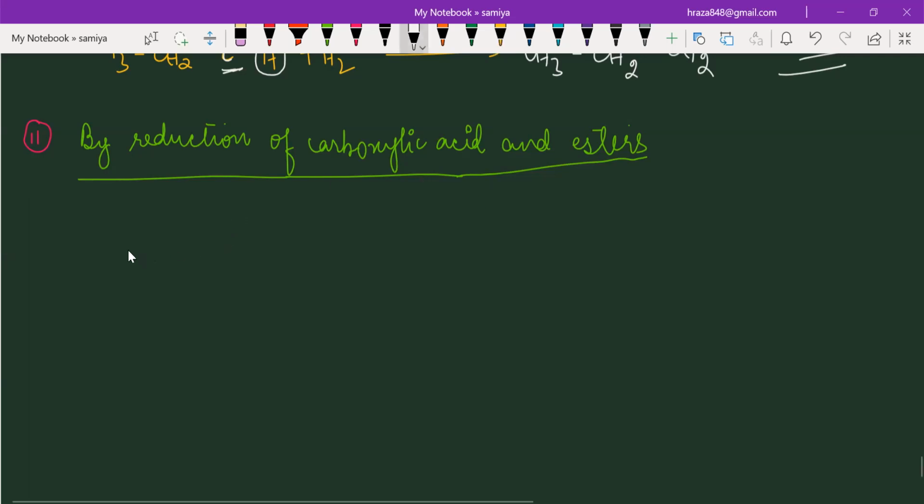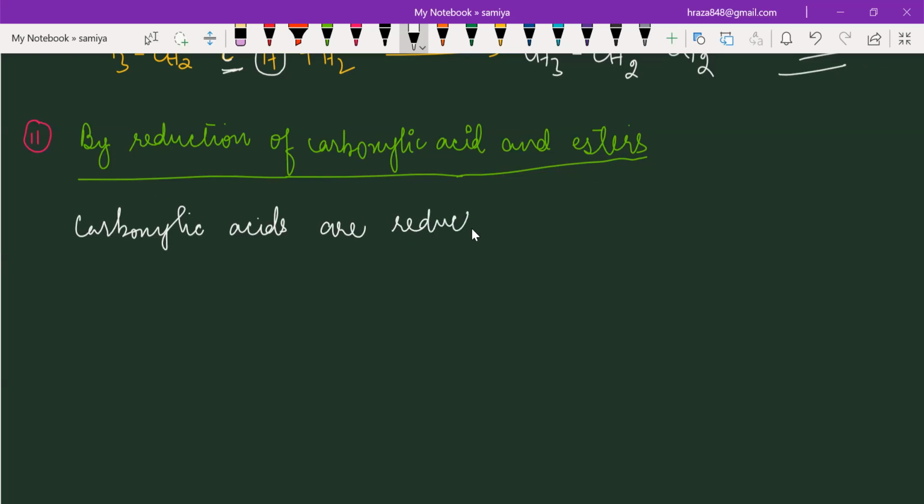Yes, sir. So see how we are going to do this. I'm going to write: carboxylic acids are reduced to primary alcohols like aldehyde, but we need a stronger reducing agent than for aldehyde, by lithium aluminum hydride, which is a very expensive reagent.